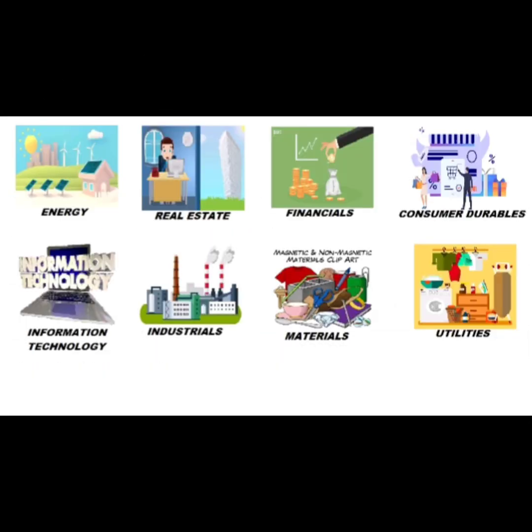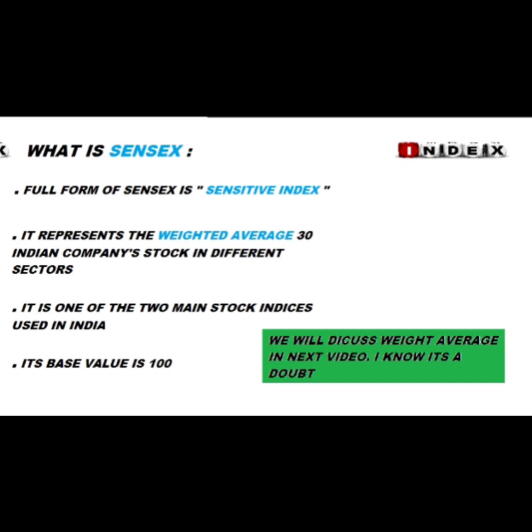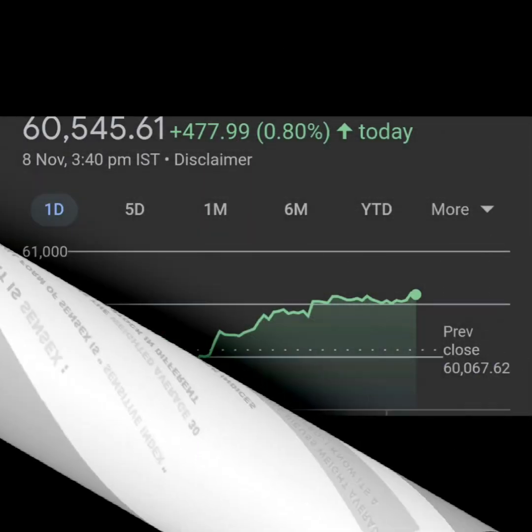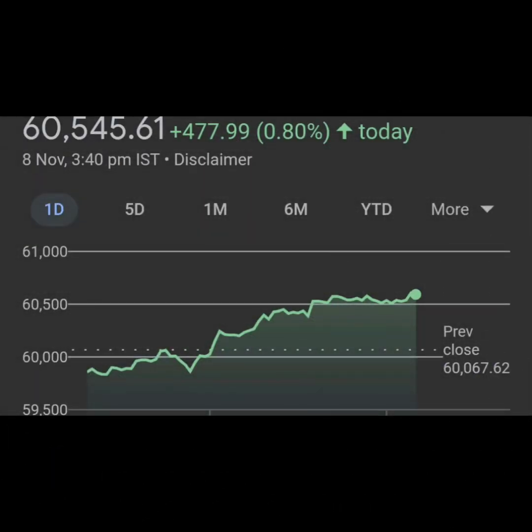There are companies from many sectors like banking, financial, information technology, real estate and pharma. Mixing all these different companies, after their weighted average, they took the top 30 companies according to their market capitalization. Now what is market capitalization? That we will talk about in the next video. According to this, Sensex was made and its base value was decided as 100.